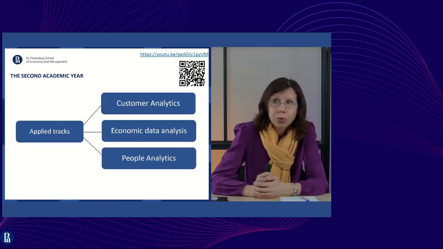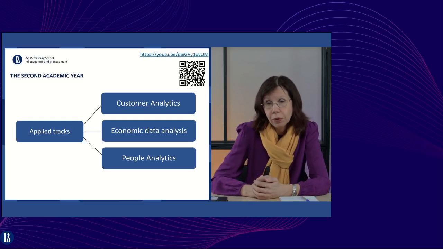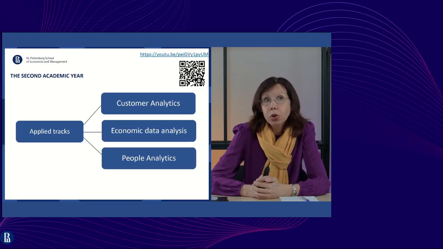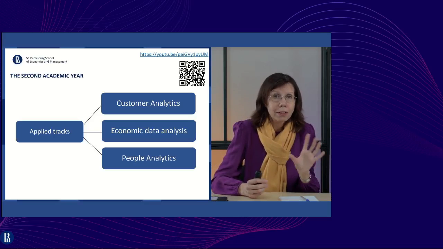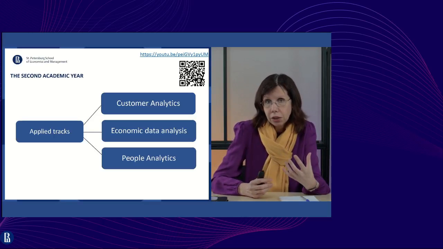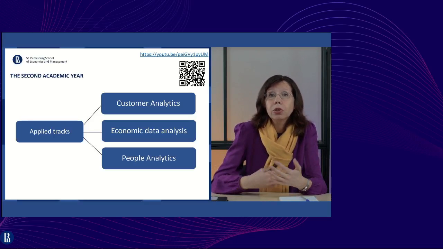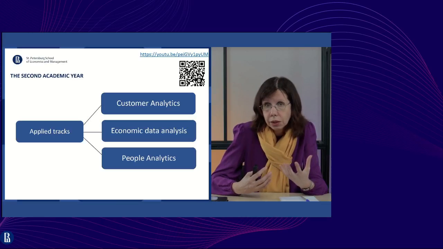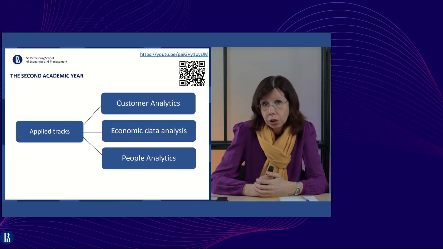If you follow the QR code that you can see on the slide, you can watch a video that we recorded for you. In this video, not only Pavel and I, but other teachers tell you more about the different peculiarities of each track.